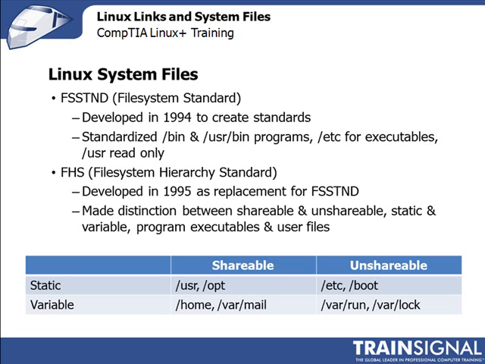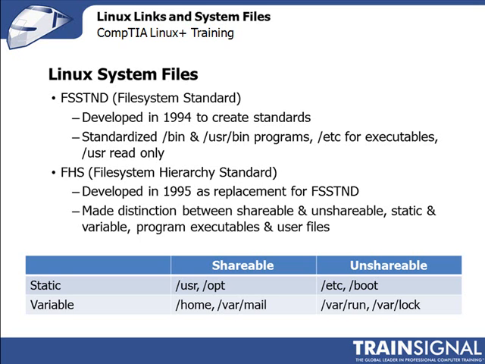They soon found that the limits of the File System Standard were being reached. That led to the development of the Filesystem Hierarchy Standard, or FHS, which was developed around 1995. A distinction was made between shareable files and unshareable, static and variable files, program executables, and user files.